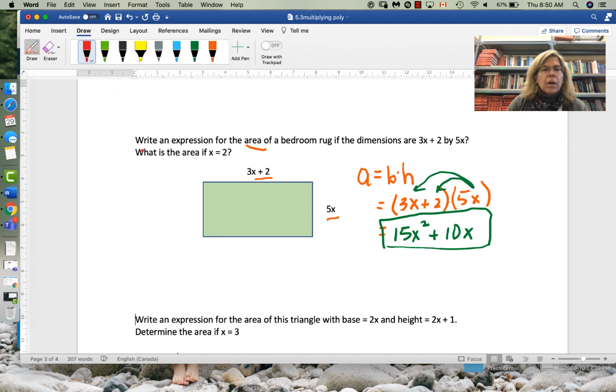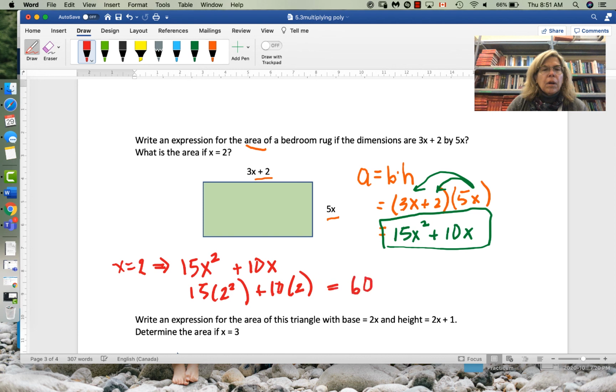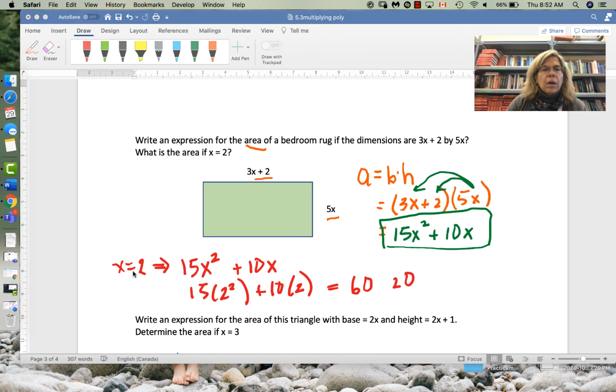Okay, well, if x equals 2, then you would just put that into the expression. So you would have 15x squared plus 10x is 15 times 2 squared plus 10 times 2, and that equals, well, 15 times 4 is 60, and 10 times 2 is 20, so 80 centimeters squared is the area.